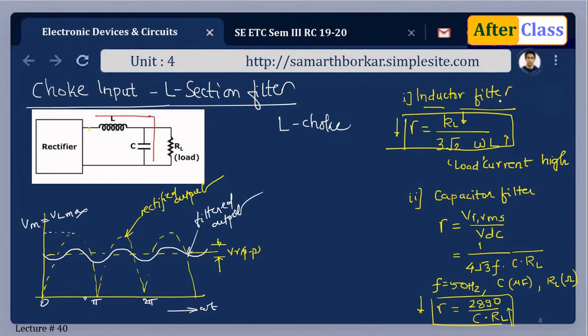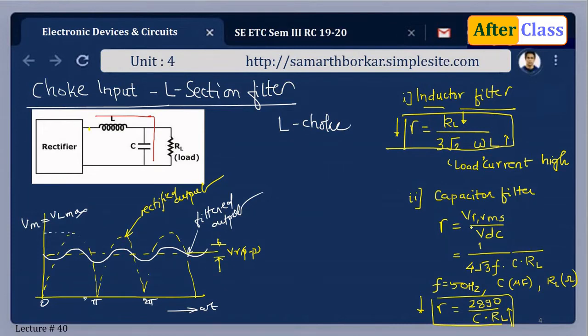Here in case of inductor filter, the load current is high, meaning the inductor filter is used in circuits which demand high load, that is more output current, and for circuits which demand low current, we can opt for the capacitor filter.